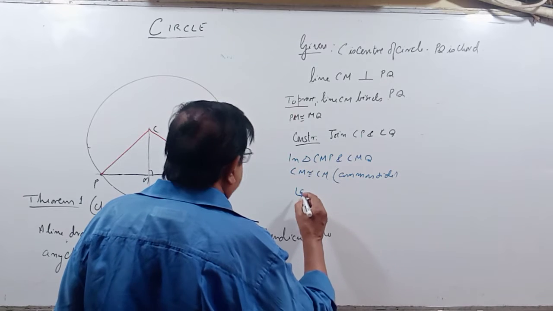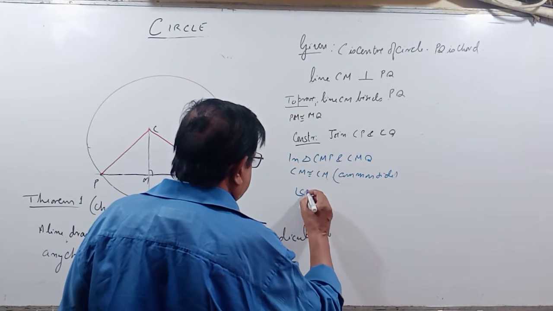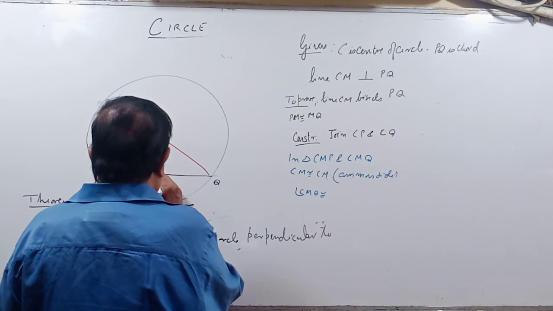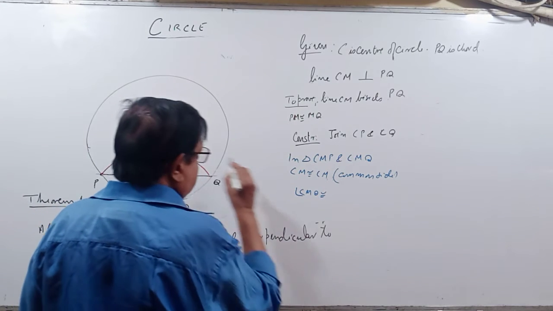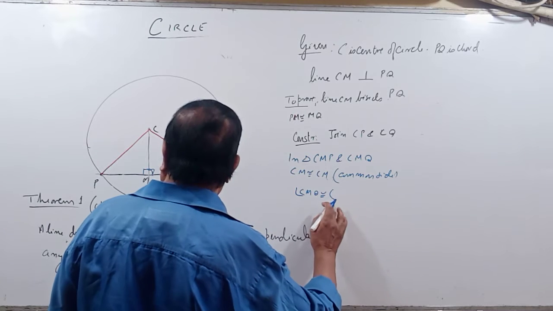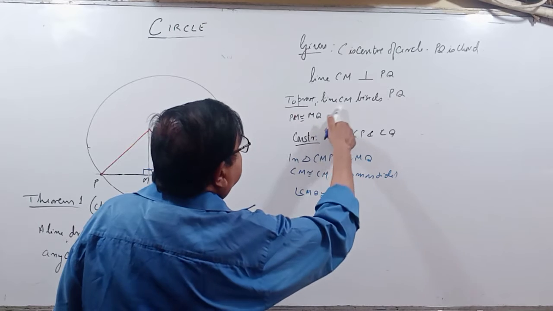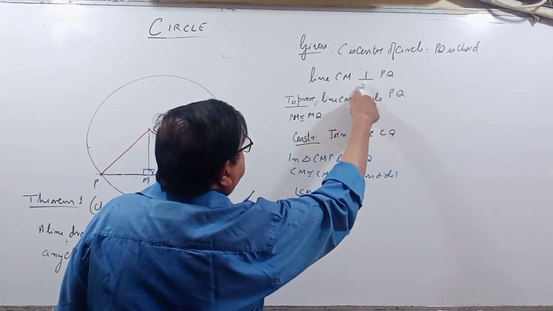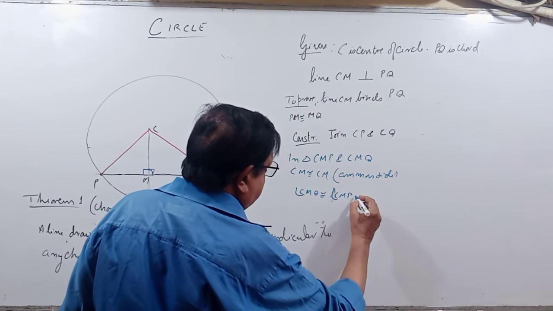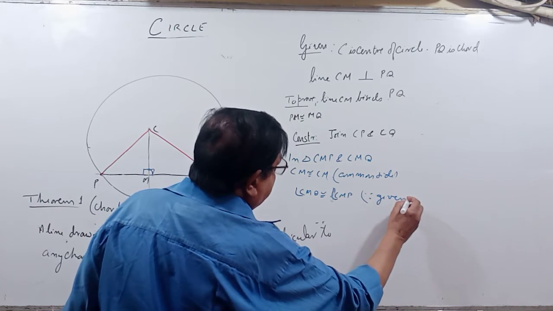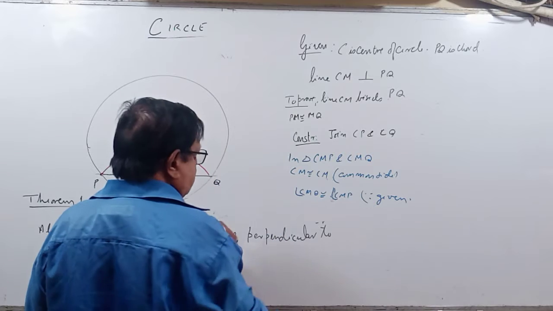Angle CMQ congruent to angle CMP, because CM is perpendicular to PQ, because that is given. It is given that CM is perpendicular to PQ.